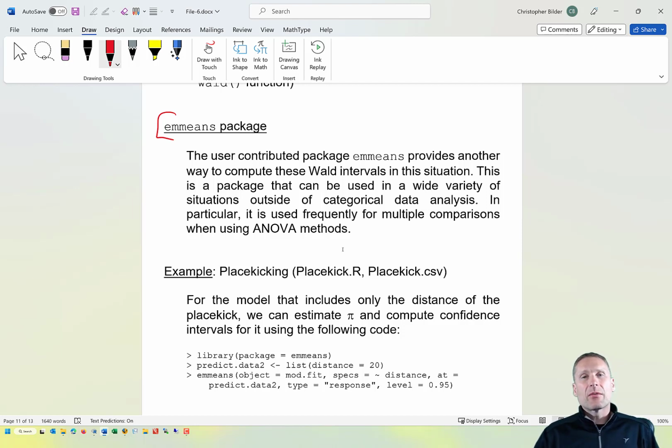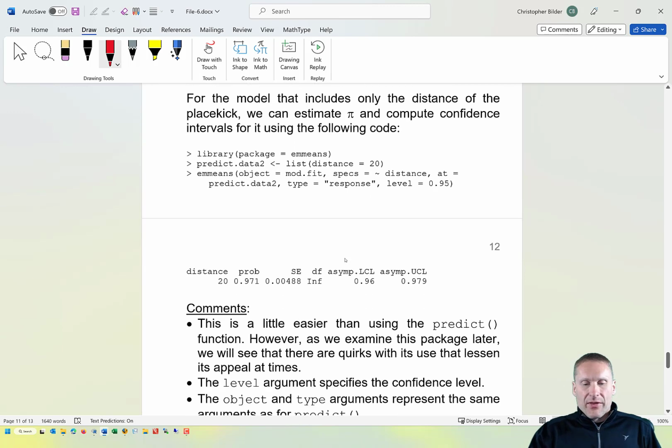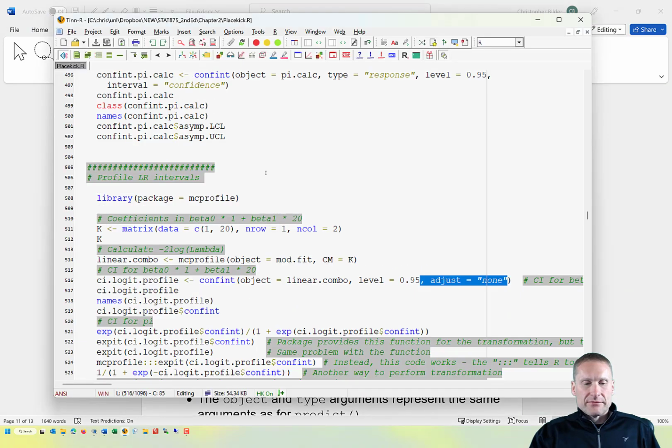It can make some computations easier. Just note that, as I like to put it, there are some quirks to using this particular package. Okay, with that as a little bit of an intro, let's talk about how we can do these computations in R.